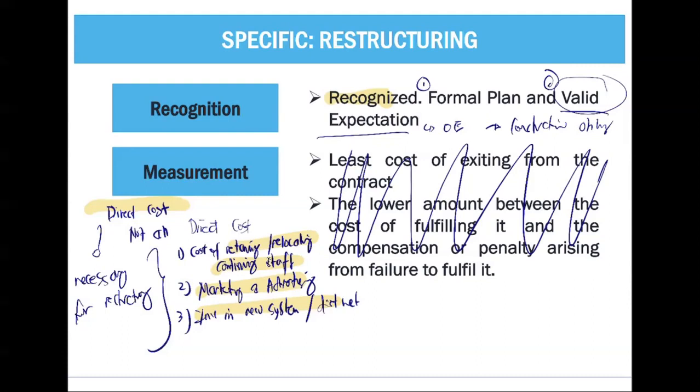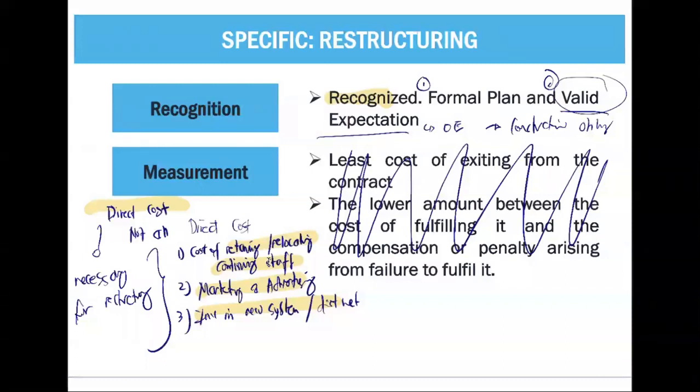Next, what if we have specific provisions? Those specific provisions should be either recognized or measured. So of the three, we have two that is recognized. That is your restructuring together with your onerous contract, while your operating losses is not recognized.